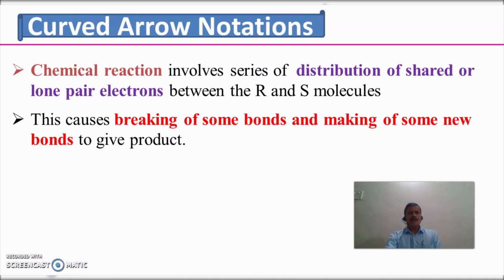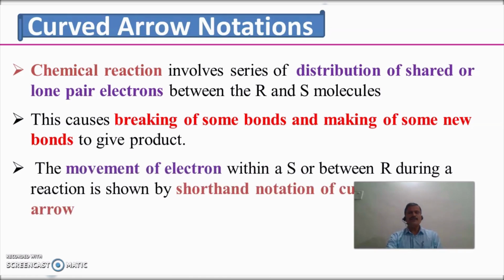How does this occur? It occurs by means of bond breaking and making processes, which is shown by electron movements within these combining substrates producing the new product.